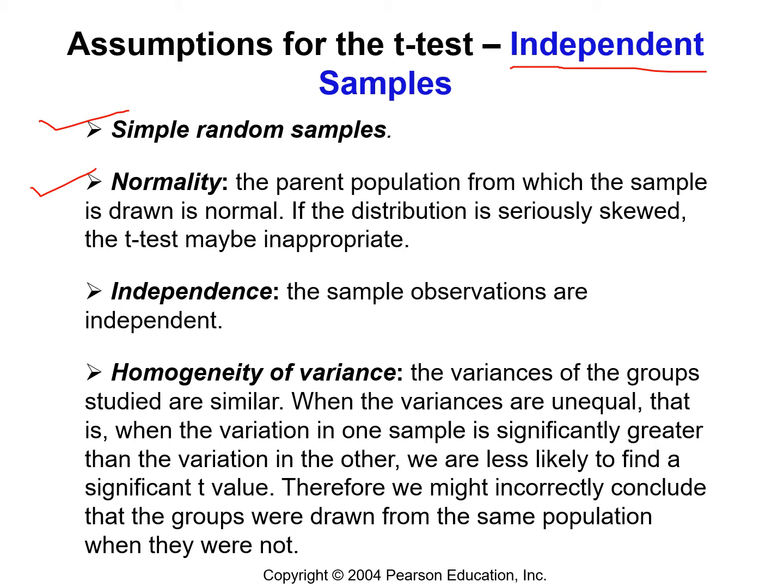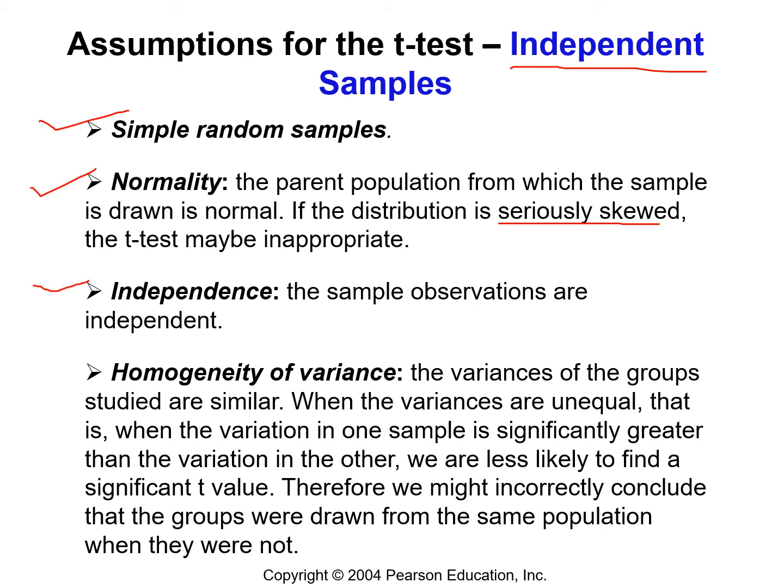If the distribution is seriously skewed, the t-test may be inappropriate. The t-test is somewhat flexible to normality, but if the distribution is seriously skewed, the result will be invalid. So we need approximate normality of the population from where we take samples.